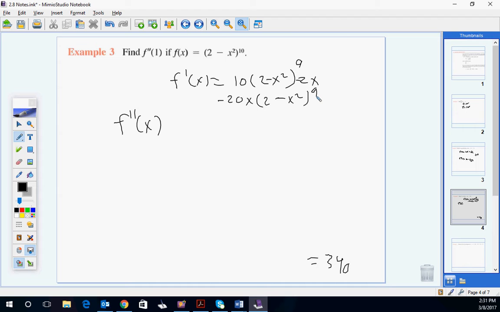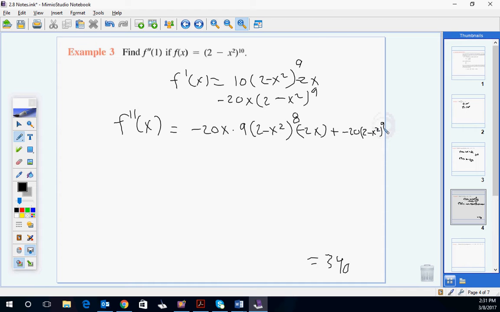Yeah, okay, so then we have our product rule. So first, derivative of the second, plus second, derivative of the first, which would just be negative 20. I'm out of room here, but, well, maybe not.